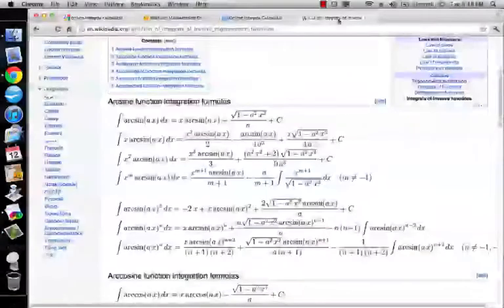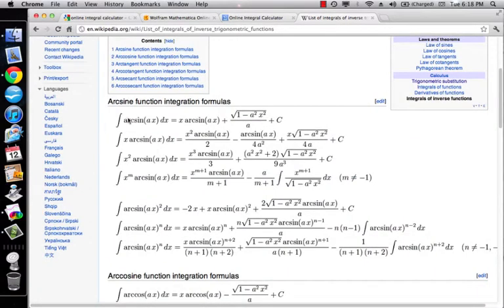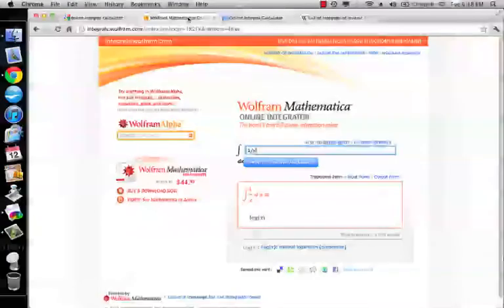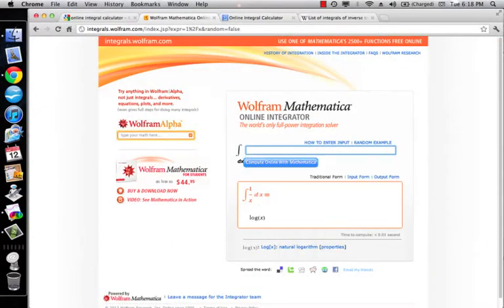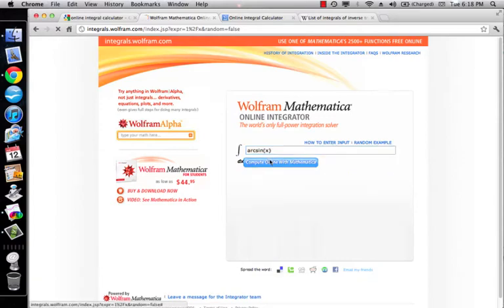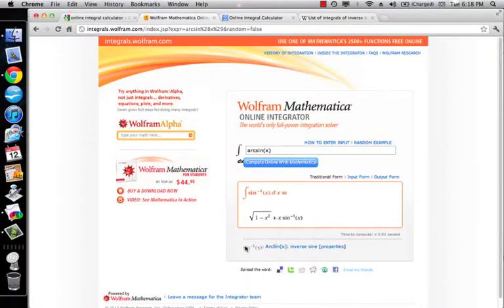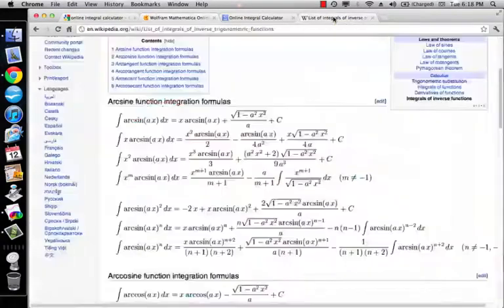So I can say arcsine of x. Let's see what this has to say about it. It says square root of 1 minus x squared times x arcsine of x, and this one says square root of 1 minus x squared plus 1 times x arcsine x.